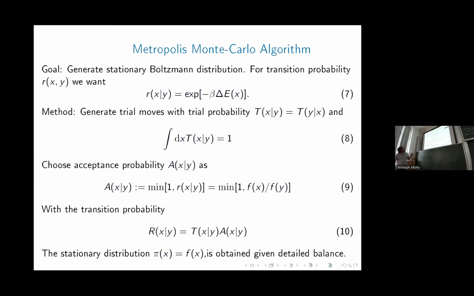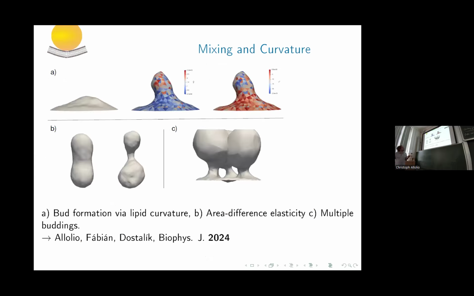Okay, this is basically it. And then we can use the Metropolis Monte Carlo algorithm to ensure that we have a Boltzmann distribution, at least in the stationary state, for our mesh geometries. And that means that we include all the equilibrium fluctuations of the system, including composition fluctuations.